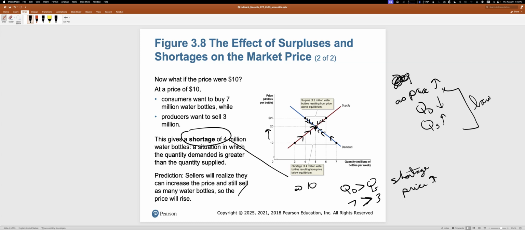As long as we allow sellers to adjust their prices freely, then the net result is that we'll have a market equilibrium, neither a shortage nor a surplus. So shortages and surpluses can't exist in a well-functioning market. The only times you ever get shortages and surpluses is if you restrict the ability of the seller to adjust their price.